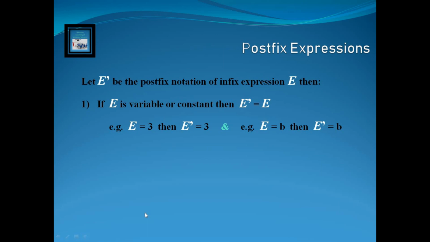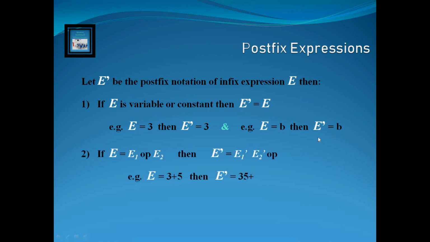Then the first rule for such conversion says that if the infix form of expression is in the simplest form, meaning it's just a constant or just a variable, then its postfix form will be equal to its infix form. For example, if the infix expression E is equal to just 3, then E prime is equal to 3. Similarly, if E is equal to B, then E prime is equal to B.